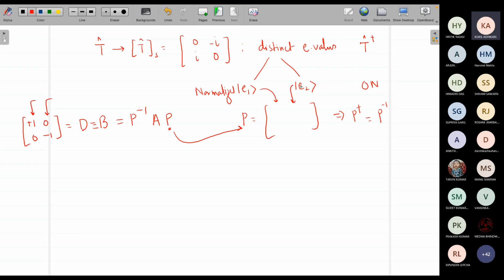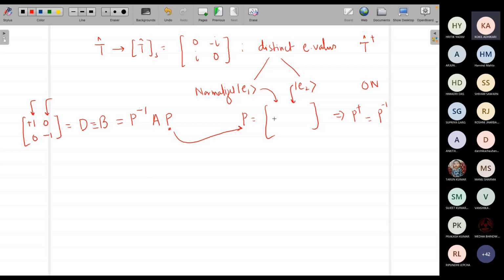Had you chosen E2 to be the first vector and E1 to be the second vector, then in that case it will still be diagonal, except that the diagonal entries will be interchanged. Nothing else, nothing beyond that.